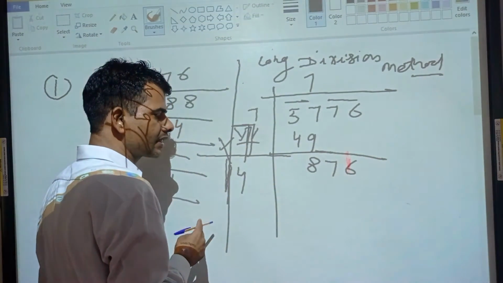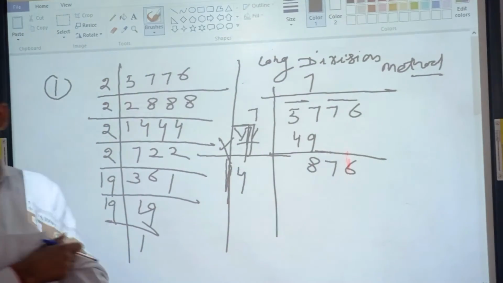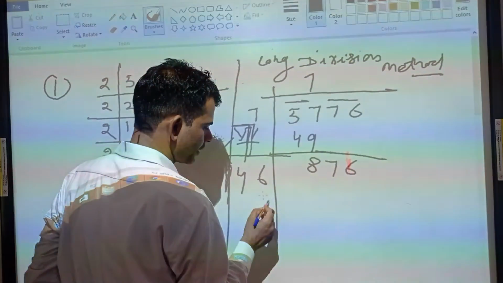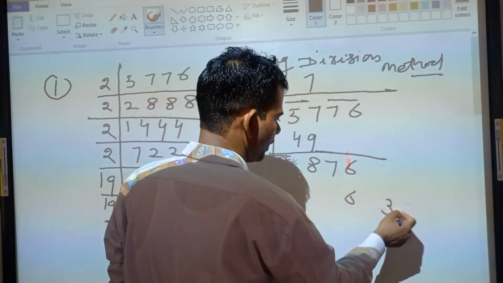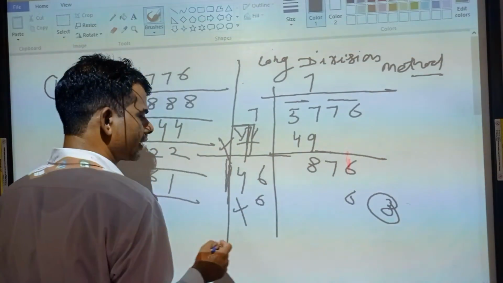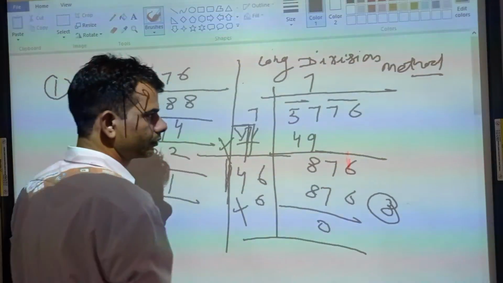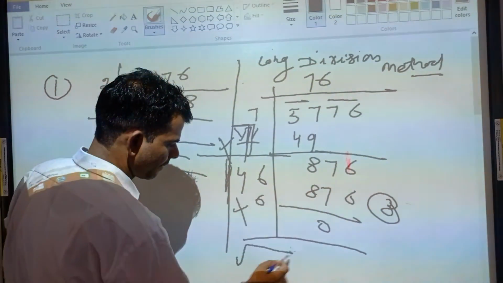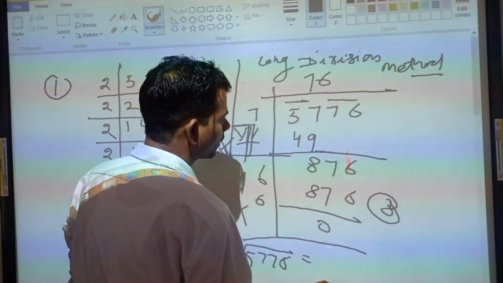Count the table of 14 such that the product is not more than 876. 14 6s are 84, 6 6s are 36, which gives 876. Remainder is 0. So the square root of 5776 is 76.